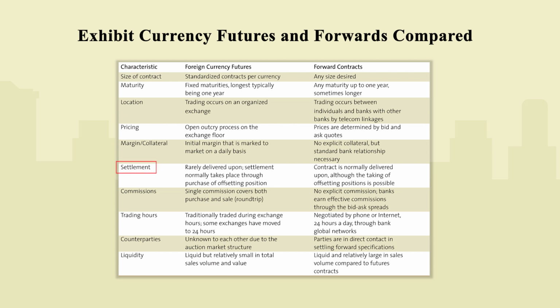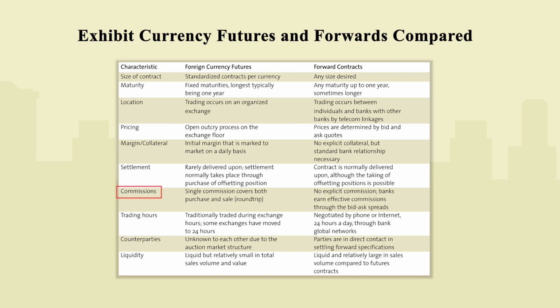From the aspect of settlement, futures trading is rarely delivered upon. Settlement normally takes place through purchase of an offsetting position, while a forward contract is normally delivered upon, although the taking of an offsetting position is possible.